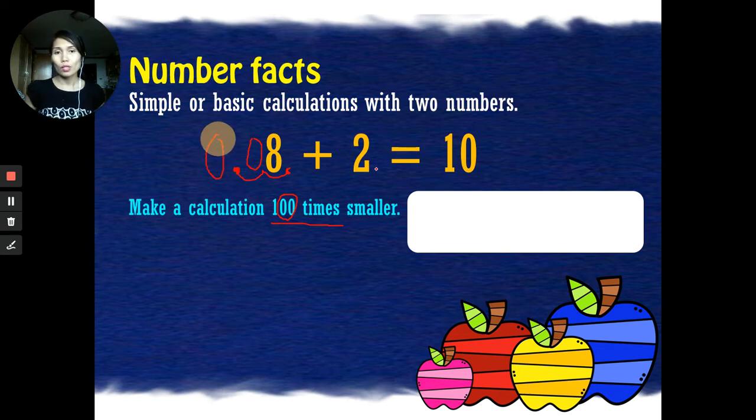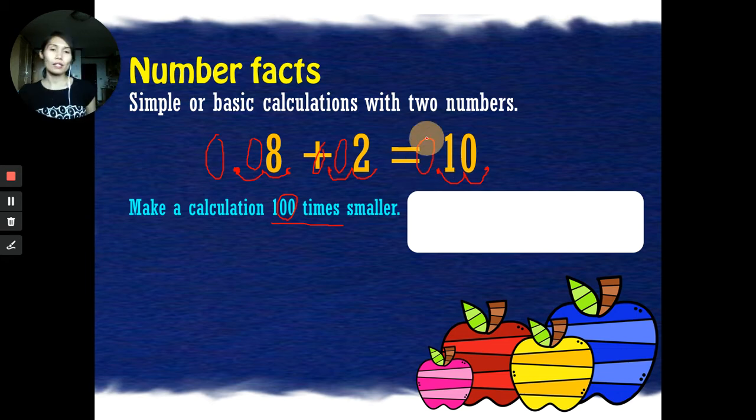Okay, we do the same with 2. Imagine moving it 2 times because it's 100 times smaller. Since that's one digit only, we'll add a 0 in there. Then how about for 10? Imaginary decimal is here. We count 1, 2. So the decimal point is before 1 and you write 0.